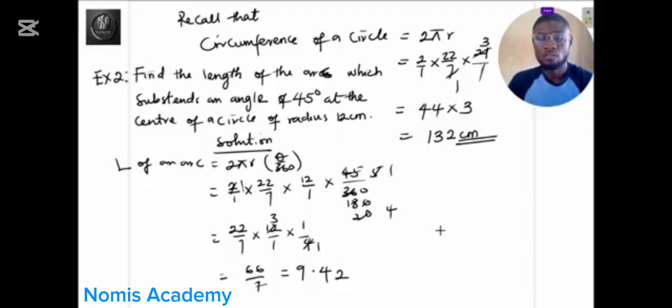So 7 times 8 is 56. That will be 8. So I can approximate to 2 decimal places by saying 9.43 to 2 decimal places. So this is the length of the arc, 9.43 to 2 decimal places.